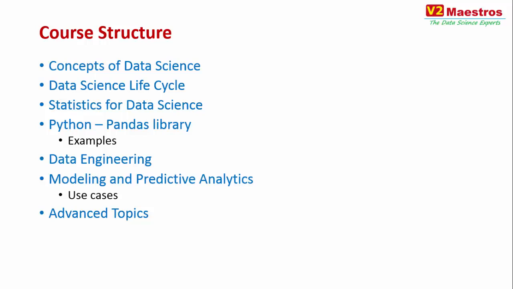So there is a set of advanced topics at the end, and there is also a resource bundle. This resource bundle contains the data sets that were used for these examples, as well as the Python code for applying the various techniques we talk about in the course.